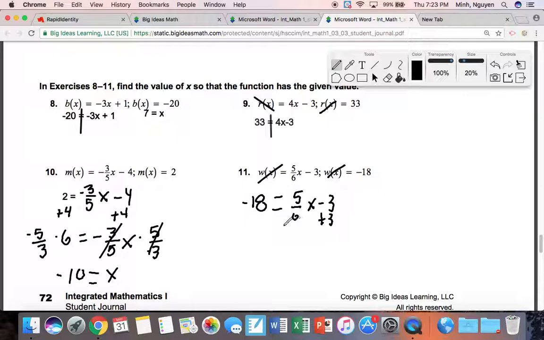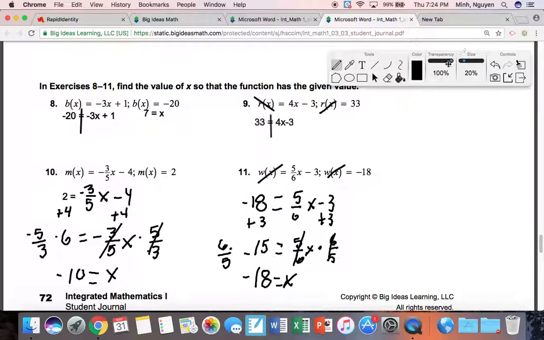Plus 3, plus 3, negative 15 equals 5 over 6 x. Multiply by the reciprocal, 6 over 5. That's a negative 15, so this answer is going to be negative 6 over 5. And you get, let's see, what do we get? So we get negative 18 is equal to x. This cancels. You'll do negative 15 times 6, and then you'll divide it by 5.